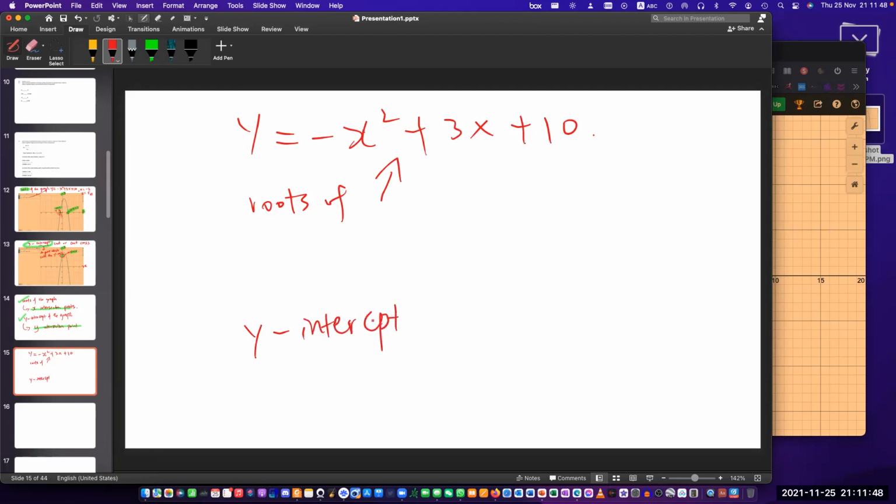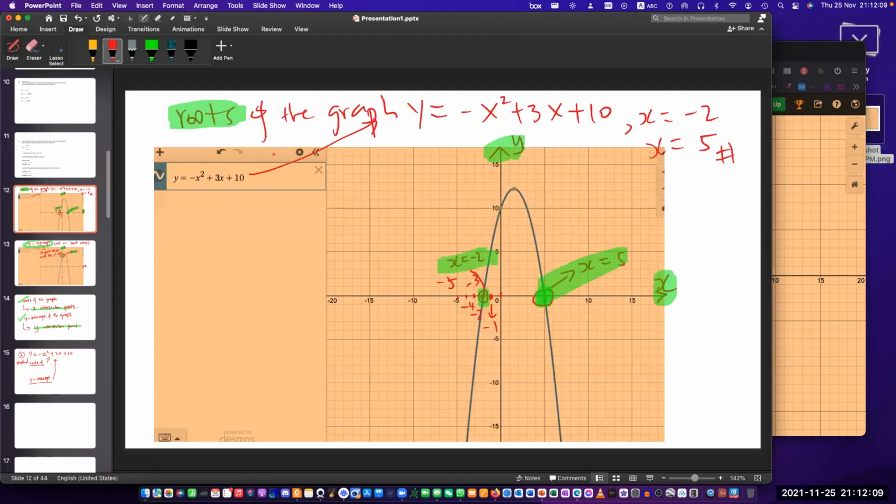So what I'm doing here is I am teaching you how you can find out the roots of this graph and the y-intercept of this graph or this equation using method 2. Over here, method 1 is from the graph.